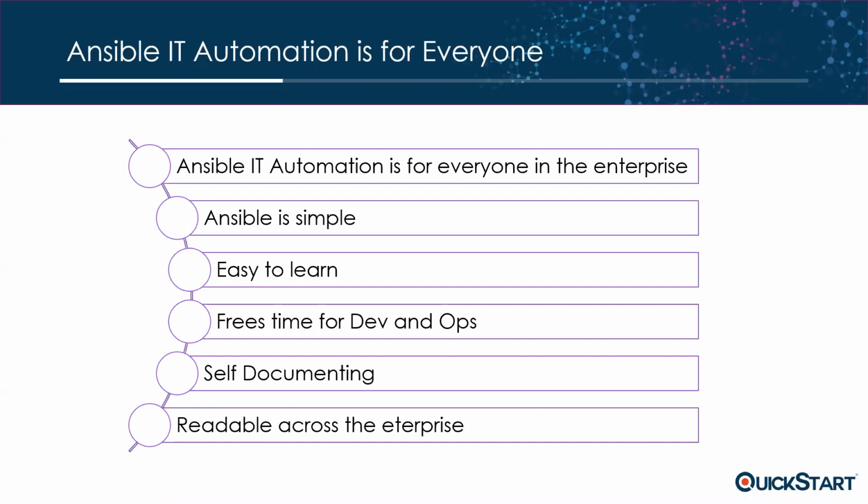And for that reason, we could say that it's pure DevOps. It's somewhat self-documented because it's so easy to read and is considered living documentation, as we mentioned. It's also readable across the enterprise, again, because it's simple. And one of the rationales for developing Ansible was the fact that the configuration management tools of the time were based on Ruby.